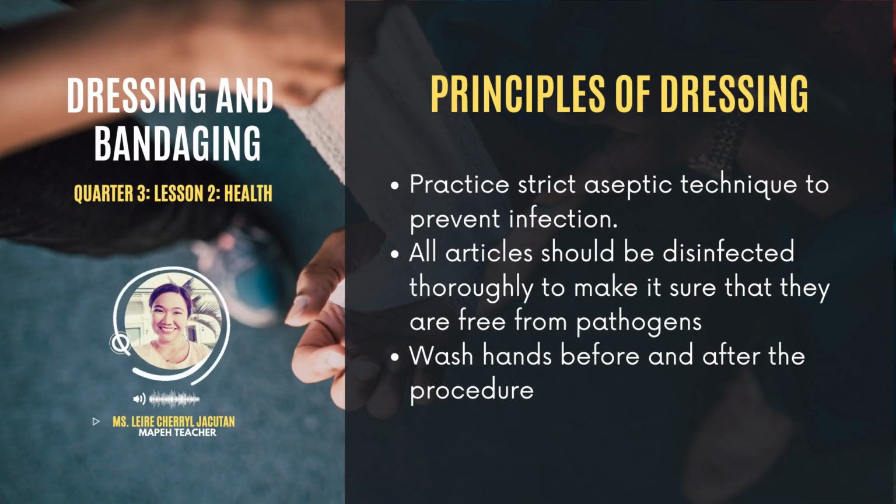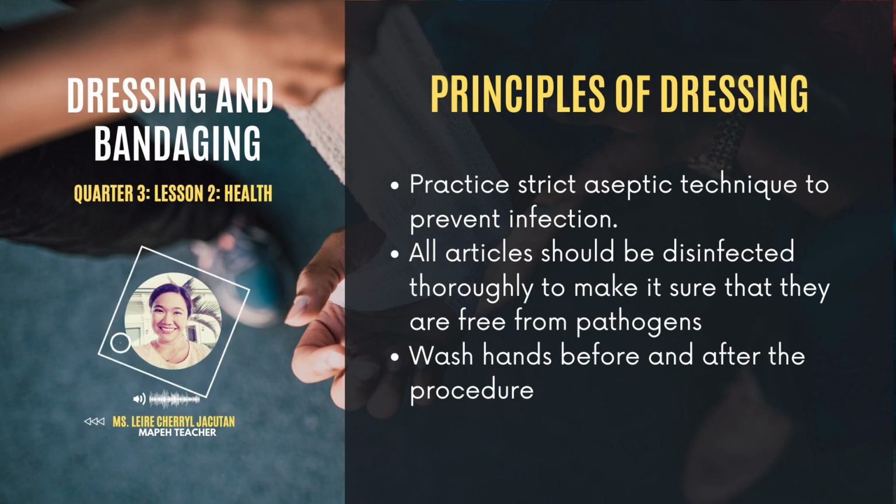Wound dressing also follows the following principles. Number 1 is to practice strict aseptic technique to prevent infection. 2, all articles should be disinfected thoroughly to make sure that they are free from pathogens.